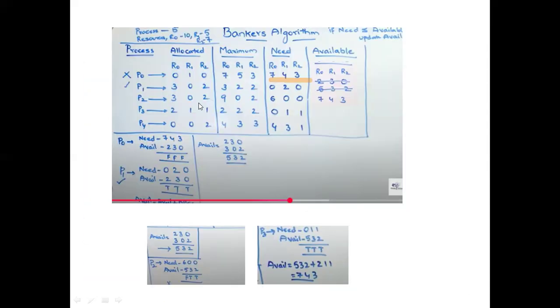So similarly, go for the next one. Once P1 is allocated, we have to update the available and work value. The available is 230, and we add the need, that is 302.